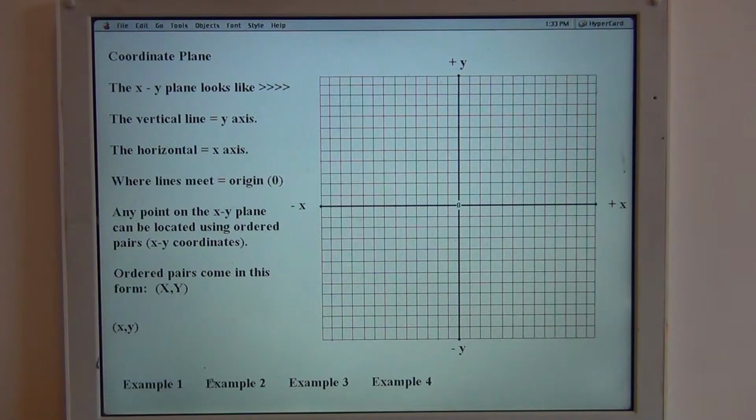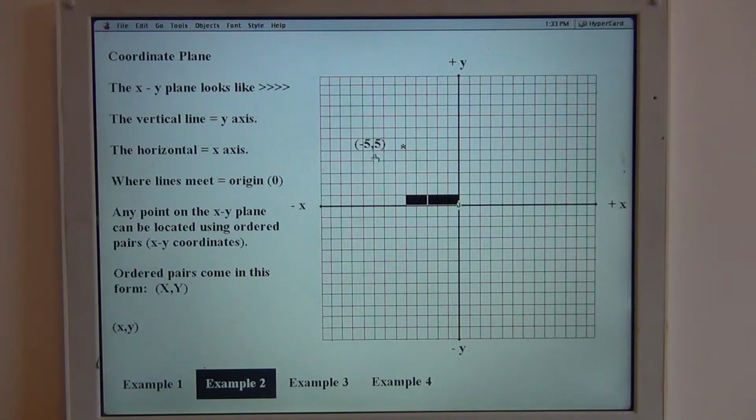Let's do another one. This particular spot in the universe is called (-5, 5). The first number represents the x, so we move in a negative direction 5: 1, 2, 3, 4, 5.